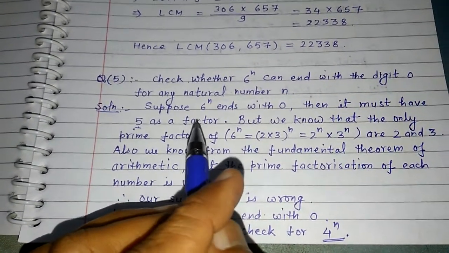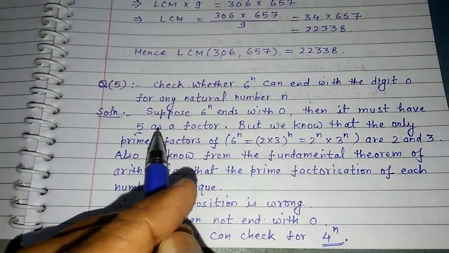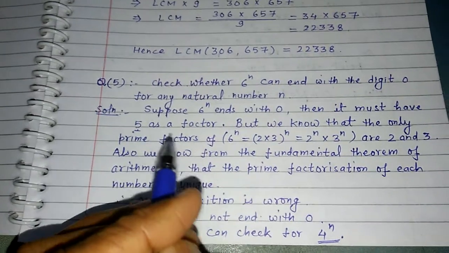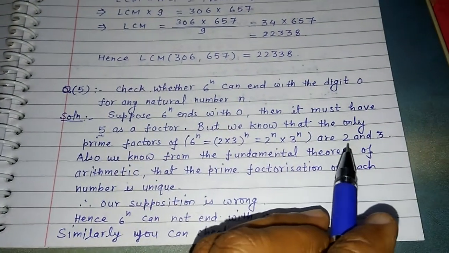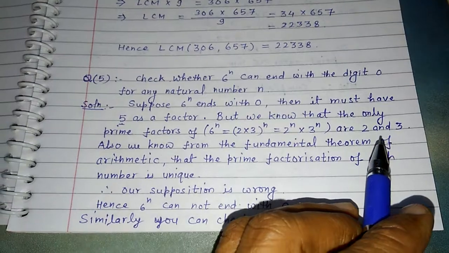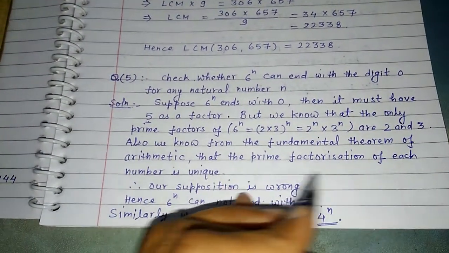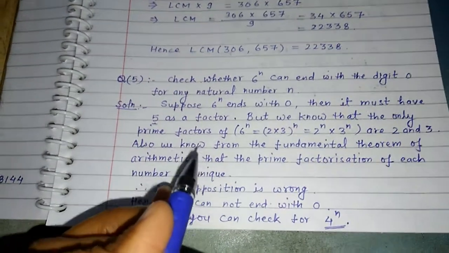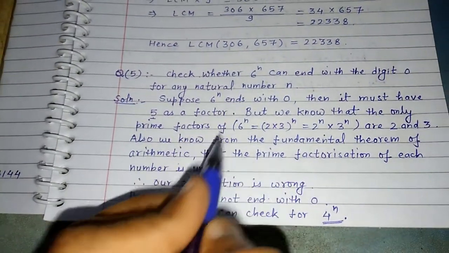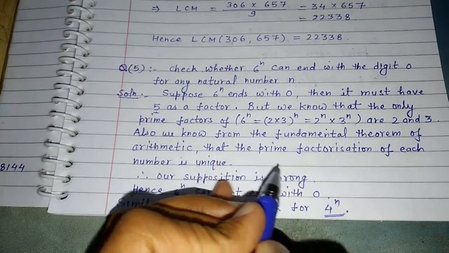Here we are getting two types of factorization. In the first case there is a factor 5, and in the second case there are only factors 2 and 3. So this is a contradiction of this theorem, because every number can be factorized in a unique way.